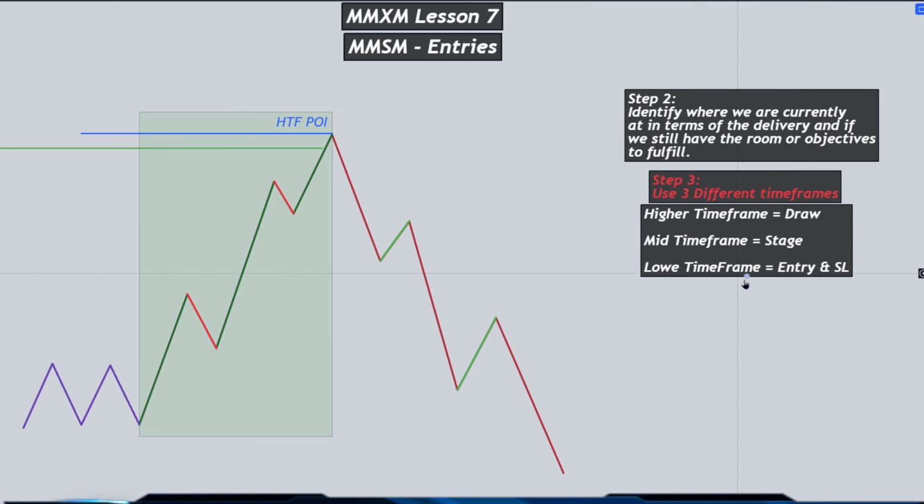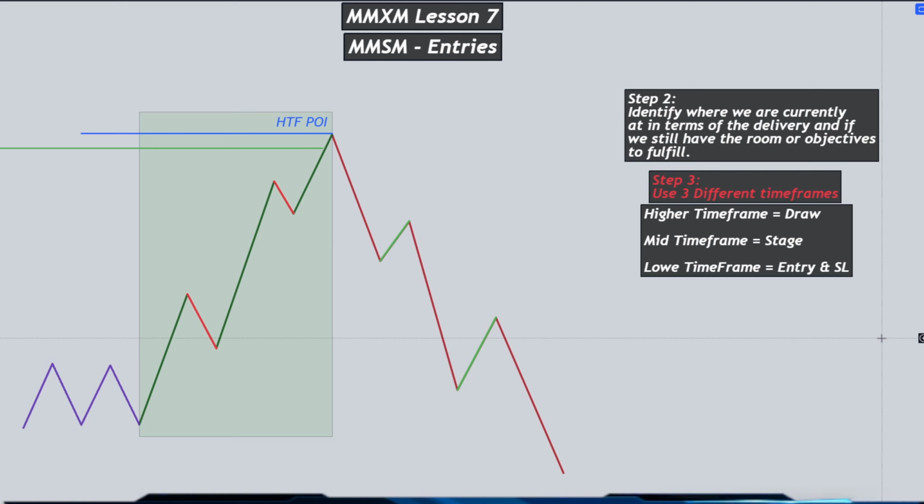The reason for that is because a higher time frame PD array is stronger than a lower time frame PD array, right? And the algorithm will reach for the higher time frame array or level over the lower time frame array or level.